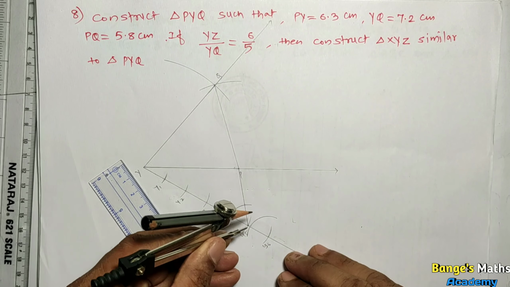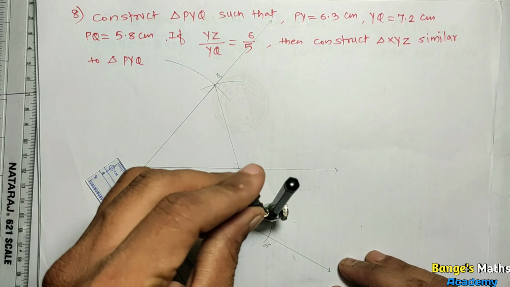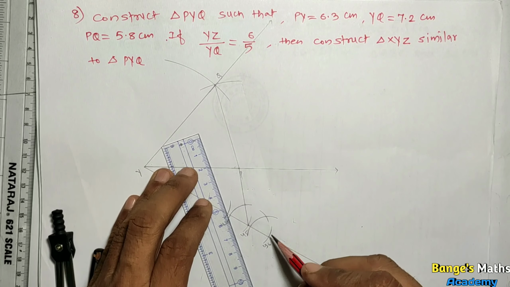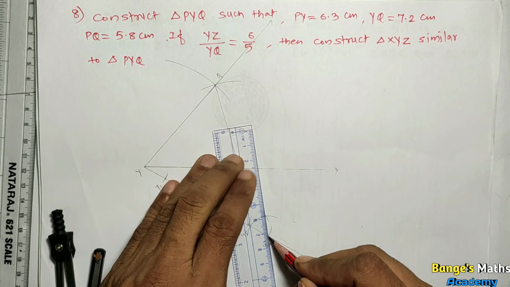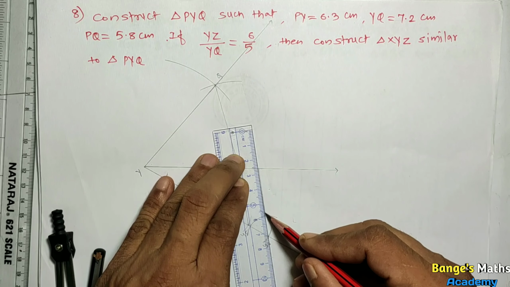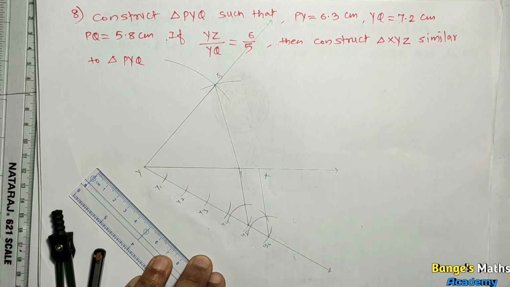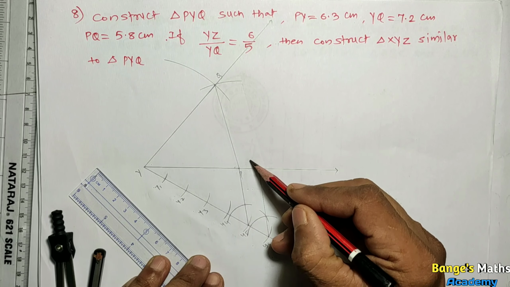Put compass on this point and draw intersecting arc and join this Y6 and this point. We get point X.